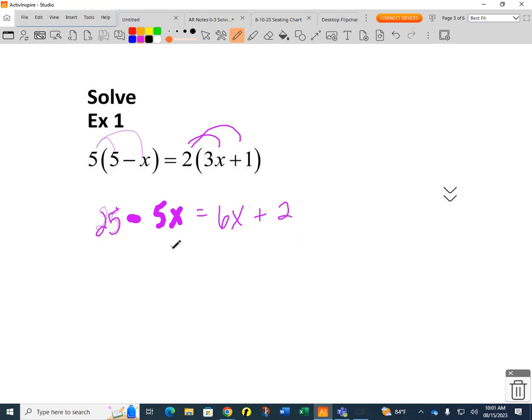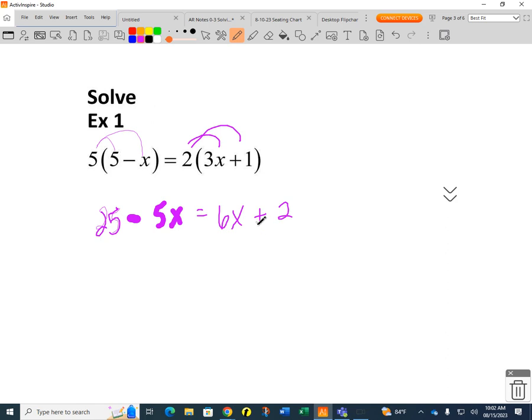So we've distributed. Now we look through our plan of action. The first thing we did was get rid of our parentheses. The next thing our plan of action says, are there any things that we can combine on the left or right side of the equal sign? So nothing here, because this is a constant and this is a variable term, they can't be combined. Same thing over here. The next thing says to look for variables on both sides. If there are variables on both sides, we need to get them on the same side.